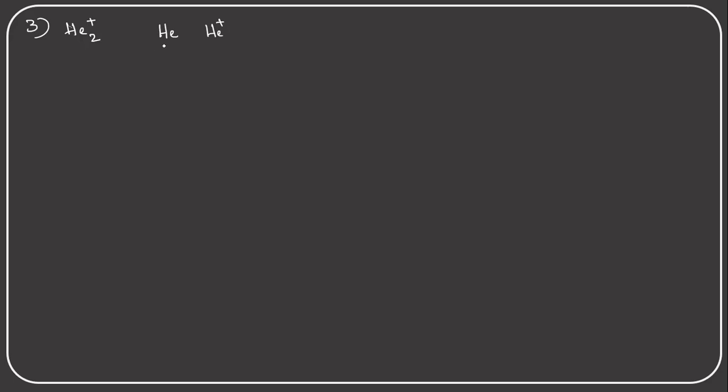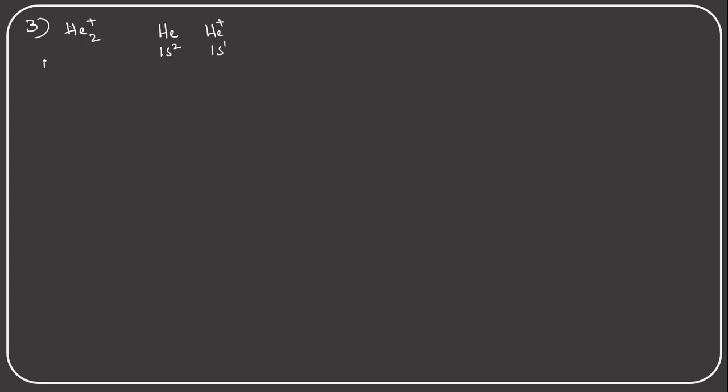Helium has the electronic configuration 1s2, but here the helium ion has 1s1 only, because it loses one electron from the s orbital. Let us see whether a bond takes place between a helium atom and a helium ion as per molecular orbital theory.